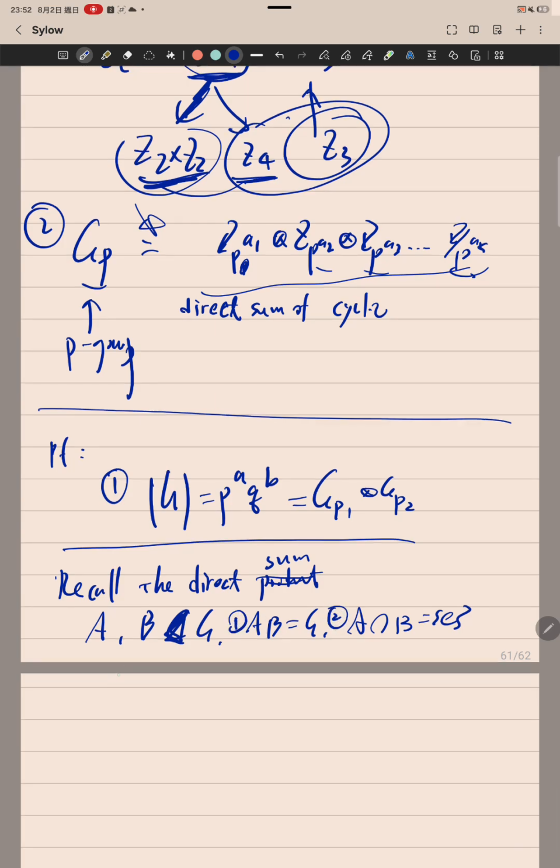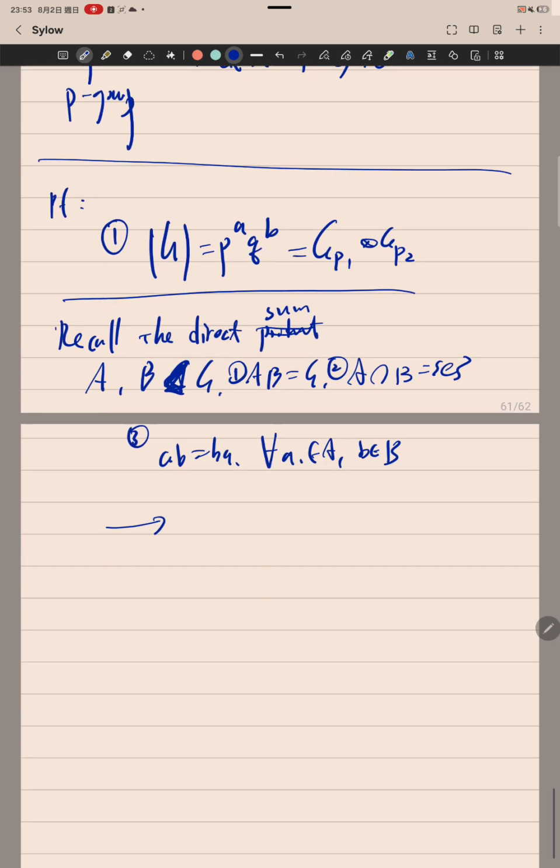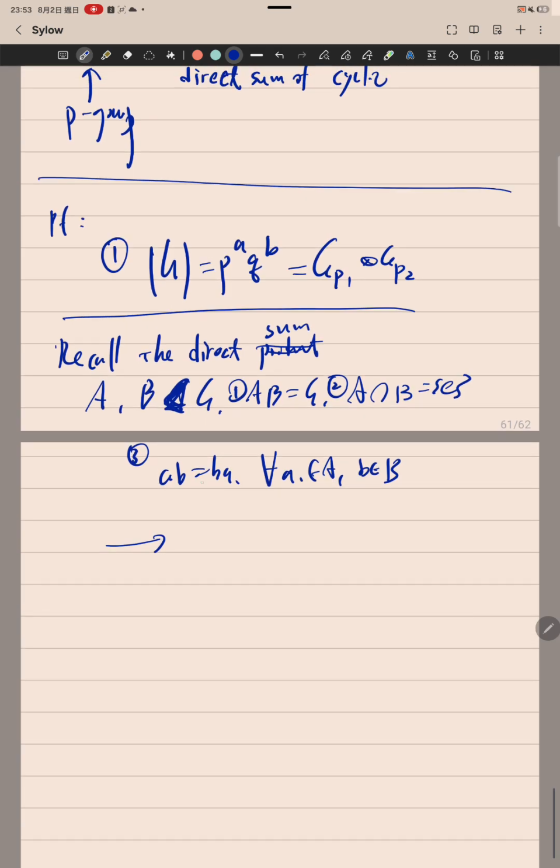The second condition is that they are normal, and the third condition is that ab equals ba for every a in A and b in B. Then this immediately proves, as I proved before, that G is isomorphic to the direct sum of A and B.